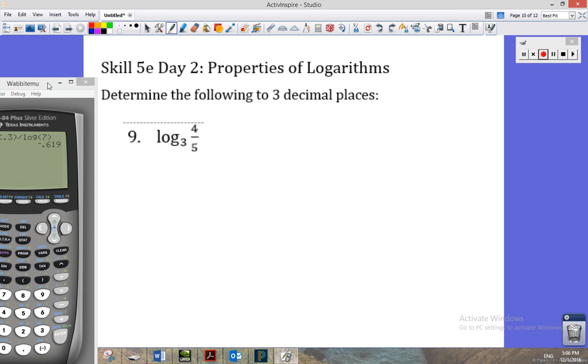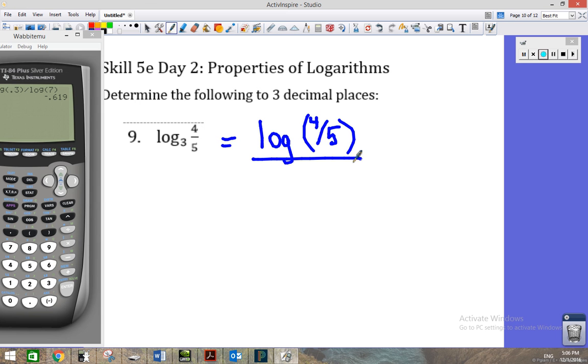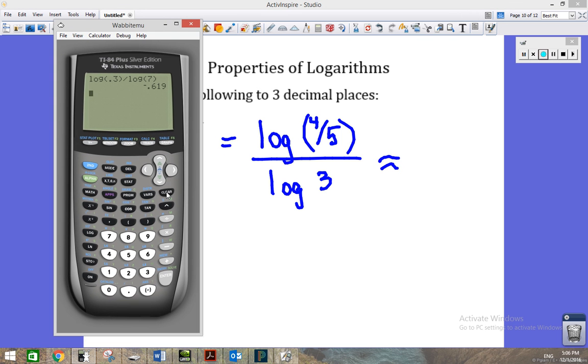And then this is the last one for that group that has the same directions. And again, I can take the log of a fraction, 4/5. Since that's smaller than 1, I know that numerator is going to be a negative number, and this denominator, since 3 is bigger than 1, it's going to be a positive. So I know on my calculator I'm expecting a negative answer.